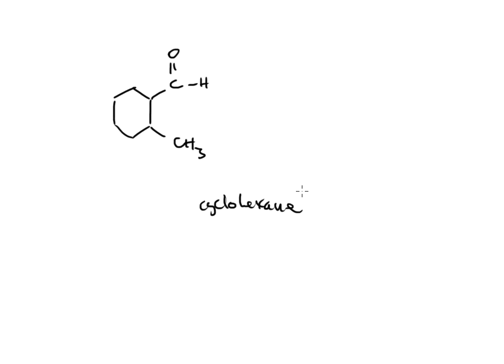Well, in order to name this on a ring like this, for IUPAC purposes, that C double bond OH, that is an aldehyde, I know that. But we often always put the word carb in front of it. So this is a carbaldehyde.